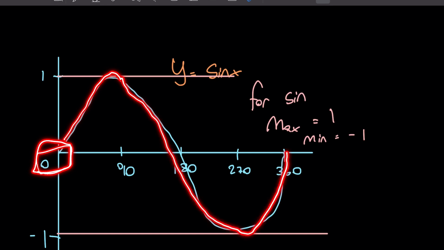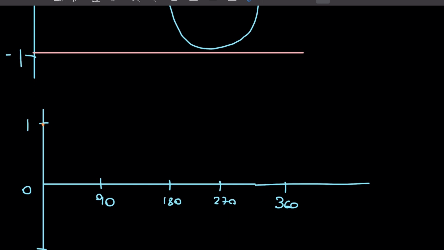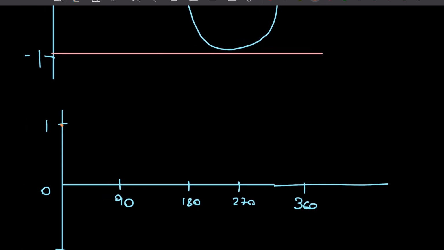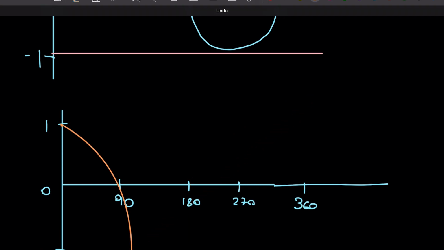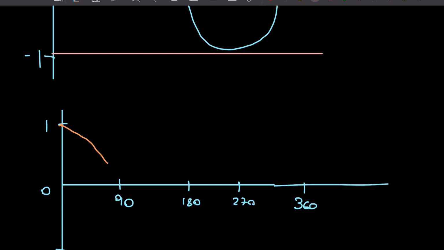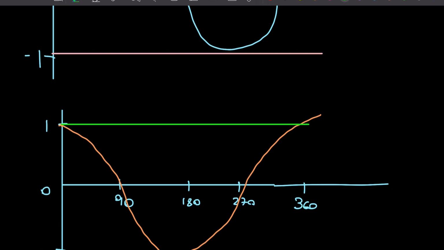But cosine actually starts at 1, it starts at its maximum, and then goes down. I'm trying to see if I can make a curve, and then it goes up. I'll just have to try. So it goes down like this, goes up like this, and so for cosine, the maximum value should be 1, and the minimum value is also negative 1.